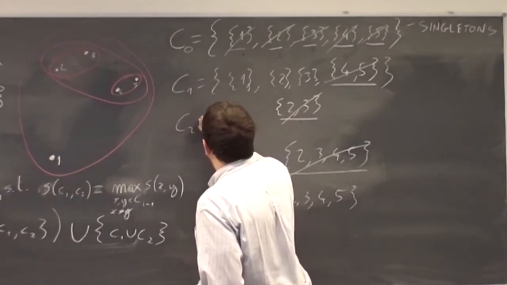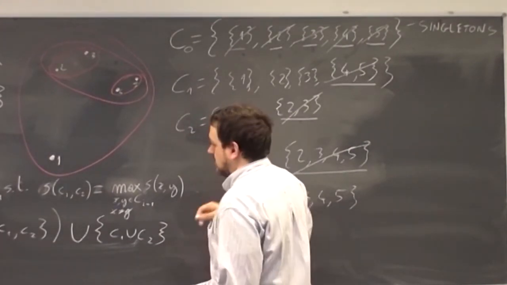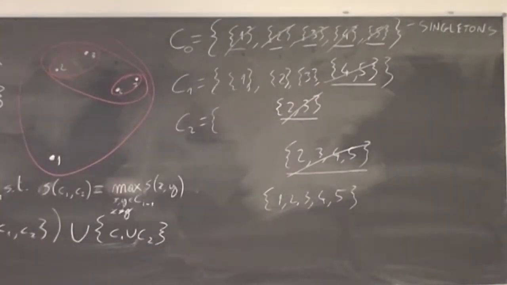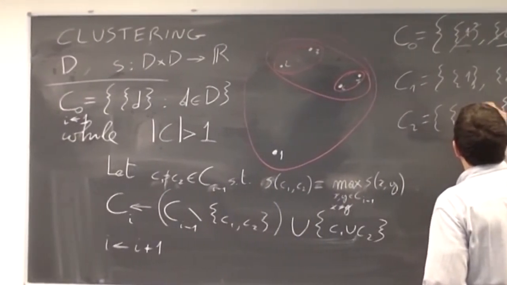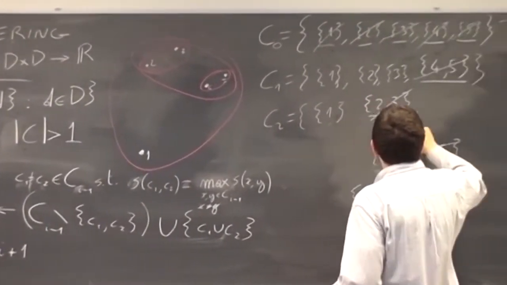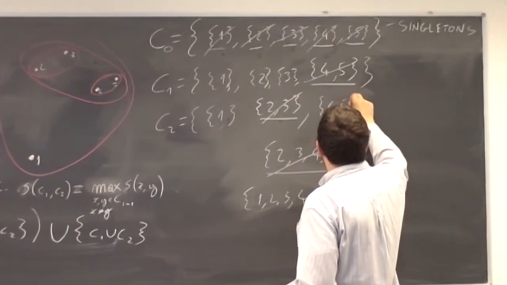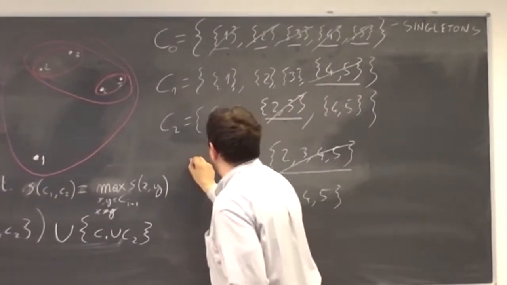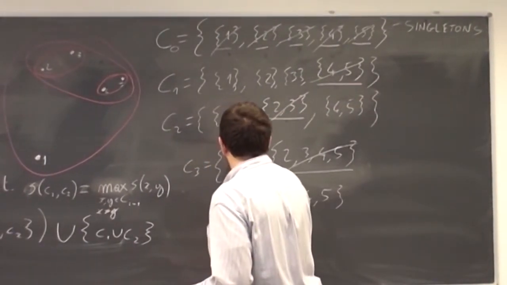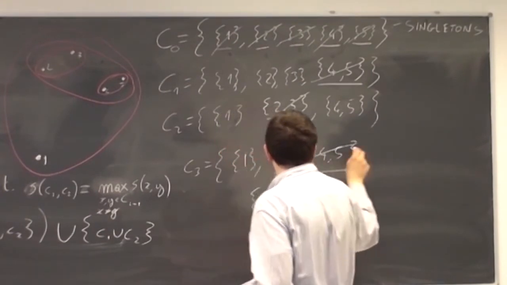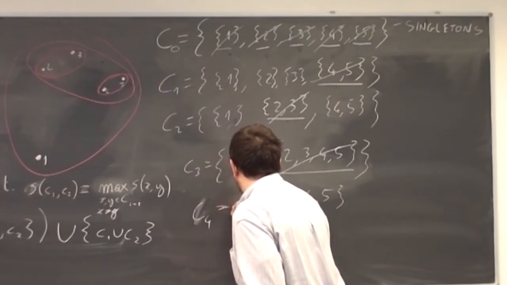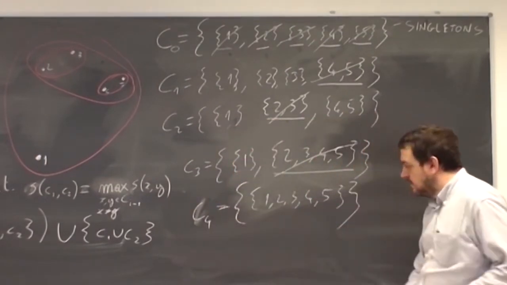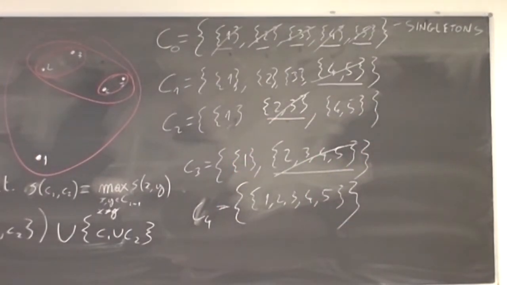The set C2 will be, of course, somewhere I have to increase I, 1, 2, 3, and 4, 5. Then C3 is 1, 2, 3, 4, 5, and finally C4 is this set.